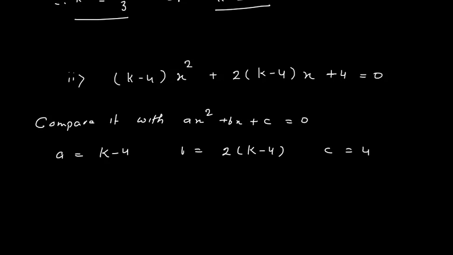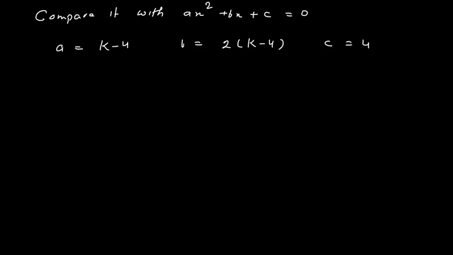Okay. Now we have the condition that for equal roots, b square minus 4ac is 0. So b square minus 4ac is 0.